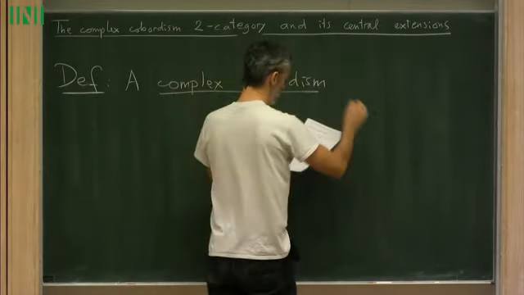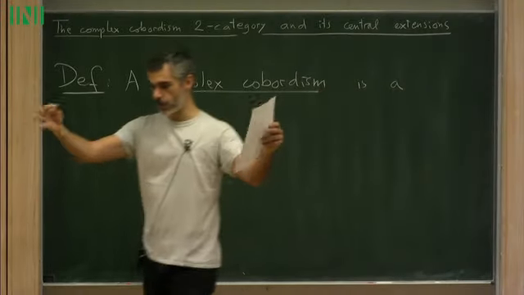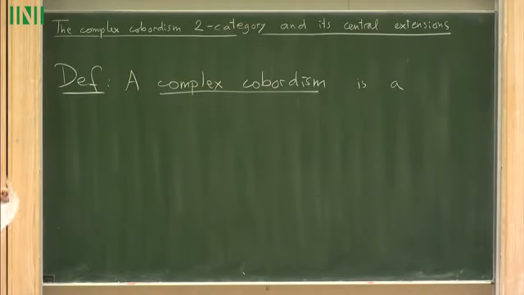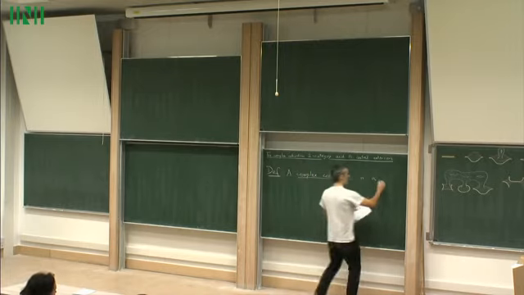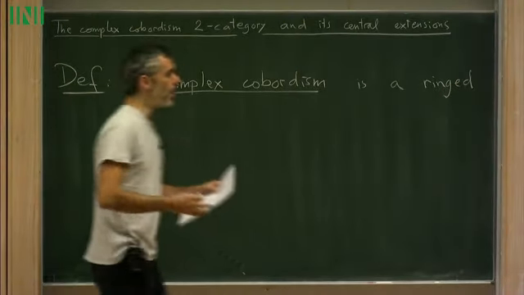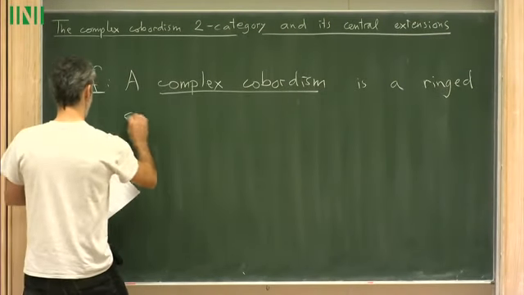Complex cobordism is, well, you'll have this picture in mind of a bunch of circles and a bunch of genus in the middle. I'm going to view these things as ringed spaces. That's one of the possible ways of talking about a complex structure. It's a ringed space.